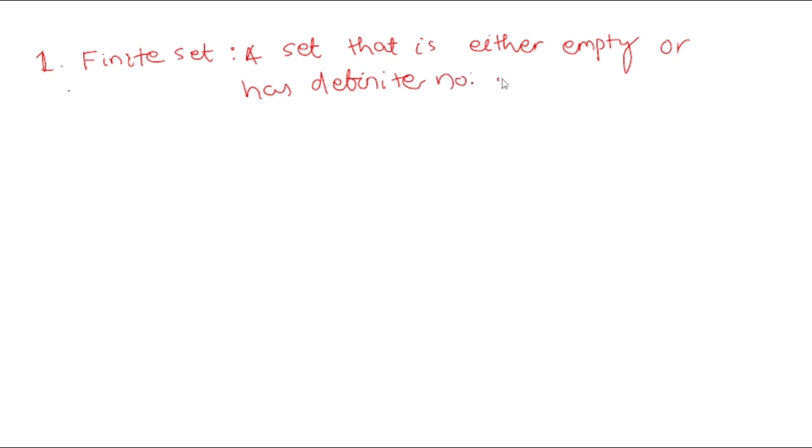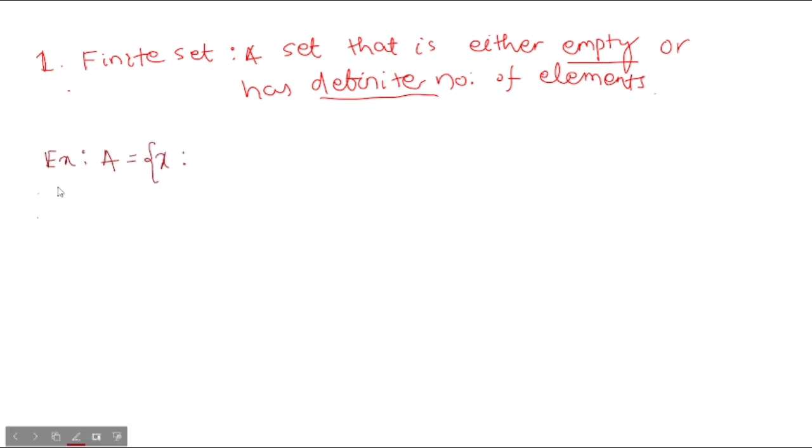A finite set is a set that is either empty or has a definite number of elements. That means it has either no elements or some definite number of elements.